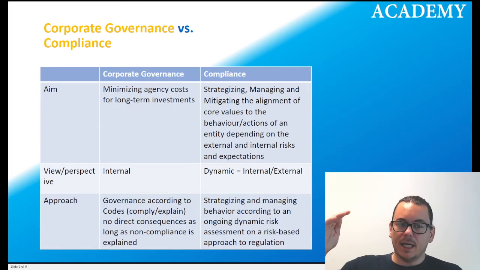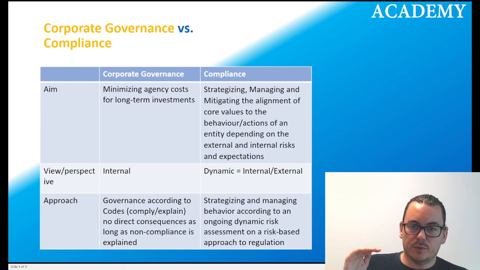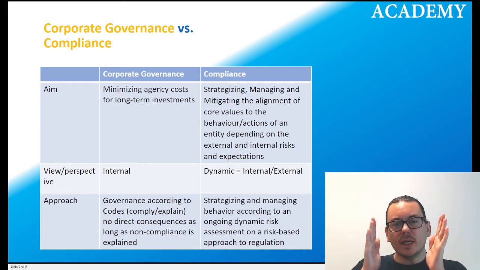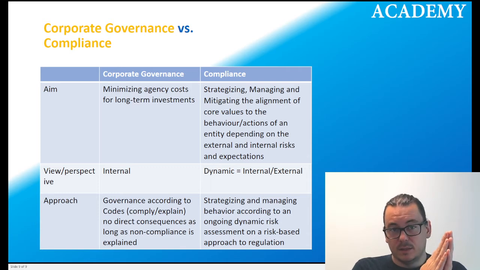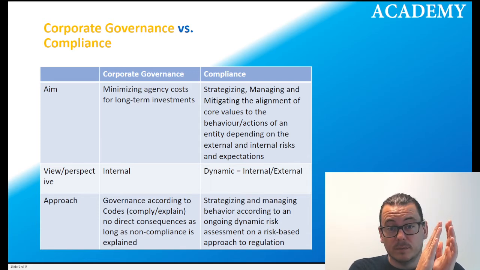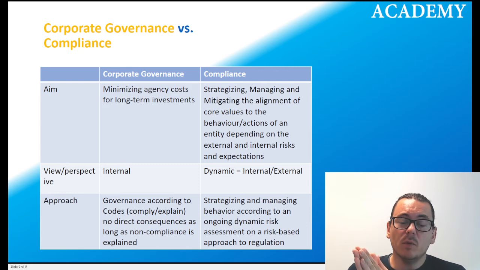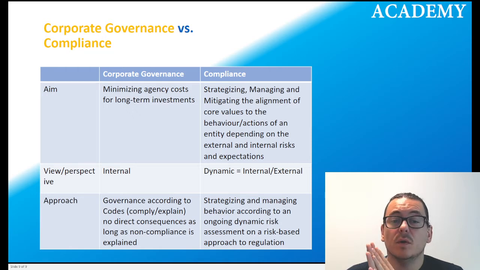So we have the aim, we have the view, and we have the approach. So let's consider corporate governance with dynamic compliance, contemporary compliance. The aim of corporate governance is to minimize agency cost for long-term investment or optimal returns.